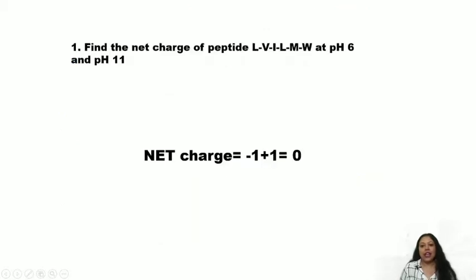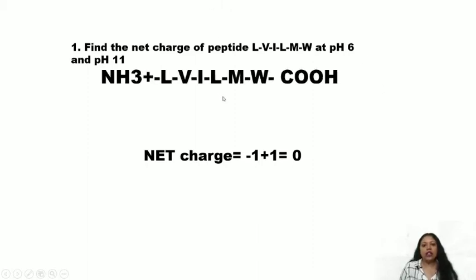Okay, so let's move toward our first question, which is to find the net charge of a peptide at pH 6 and pH 11. How will you calculate the net charge of the peptide if you don't know the single letter code of amino acids? So first you should be sure about it.